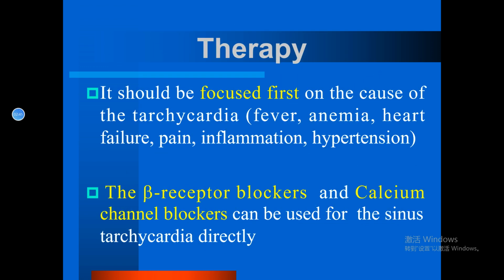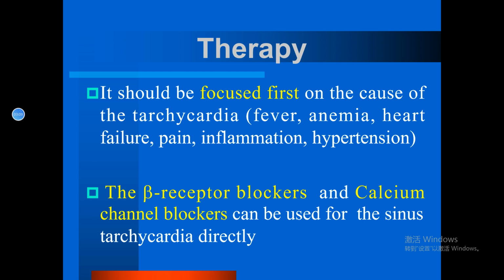What will we do if the ECG shows sinus tachycardia? Firstly, we should focus on the cause of the tachycardia. For example, if the patient has a fever, we should use some drugs to decrease the fever.